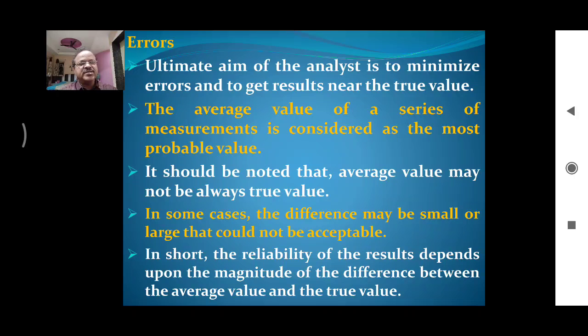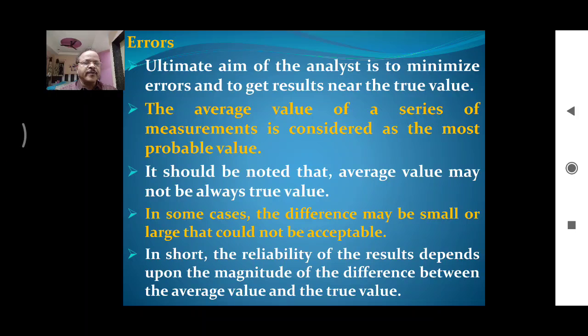Suppose we are analyzing a particular sample, a solution is prepared and it is titrated against a standard solution. So we have taken the first reading. Just by taking the first reading we cannot say that whatever reading we have obtained is the correct one.